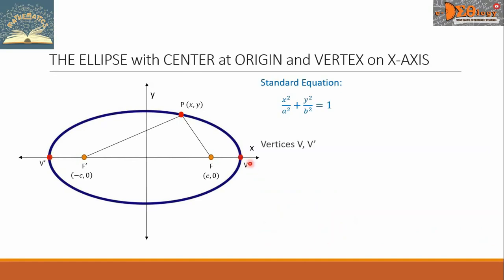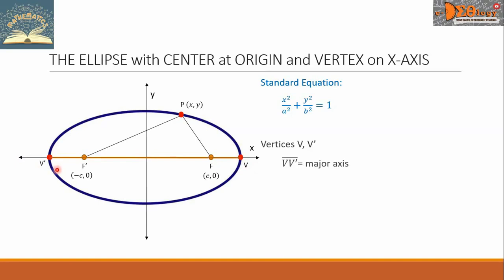Now, let us write the vertices. This is the first vertex and this is the second vertex. We know that the vertices are the points where the ellipse touches the x-axis. We denote the first vertex to be V and the second vertex to be V prime.